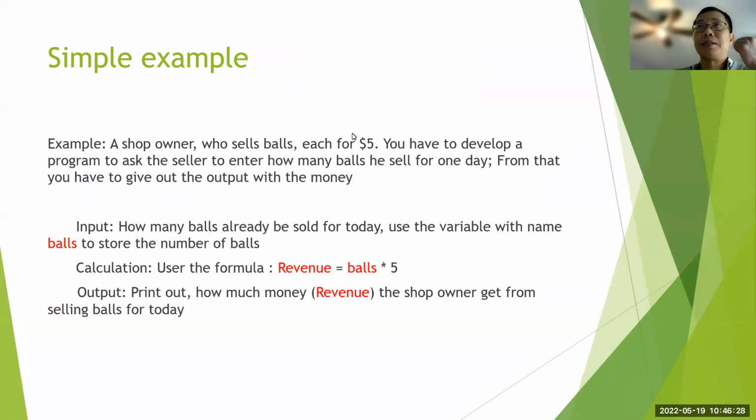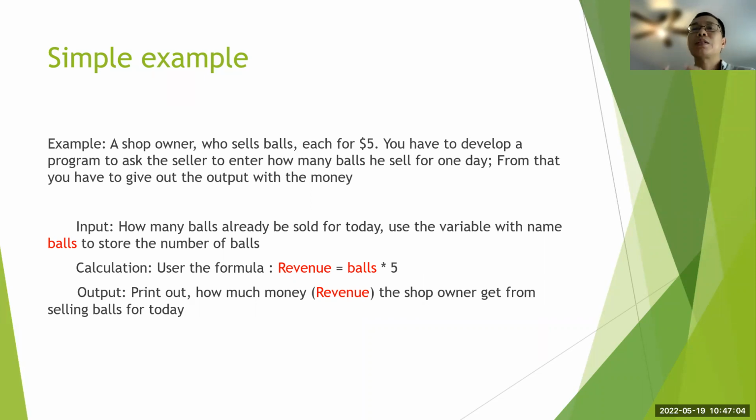So I have a simple example for this. A shop owner sells balls, each for $5. You have to develop a program to ask the seller to enter how many balls he sells in one day, and from that, print out how much he earned for the day. So for every program, you have to figure out what the expected output is, what input is needed in order to deliver it, and what calculation you have to do.